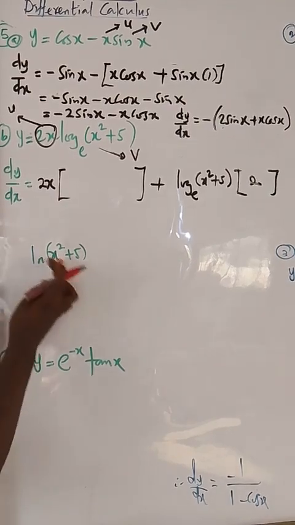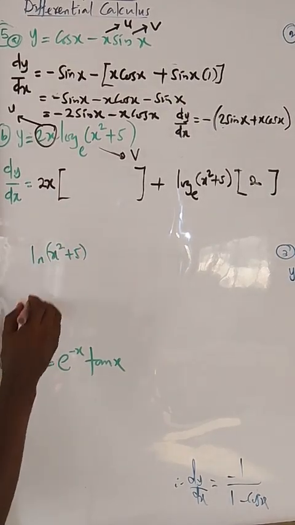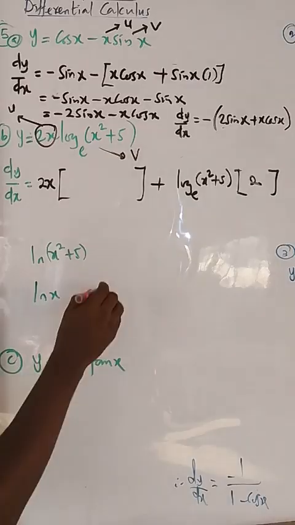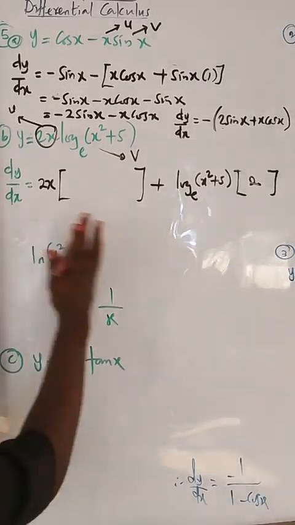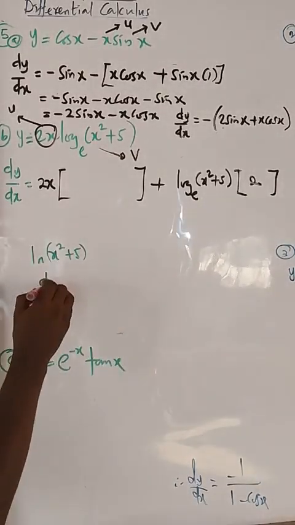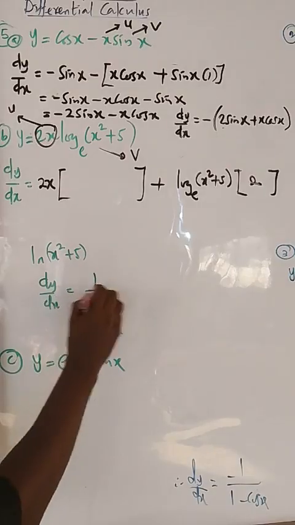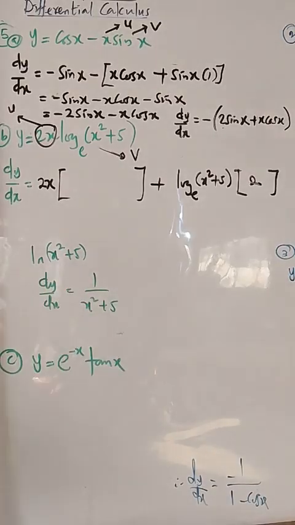Normally, if what you have here is only x, dy/dx is 1 over x. But now that we have x squared plus 5, dy/dx is 1 over x squared plus 5. But there's a problem here: what we have here is not just x.